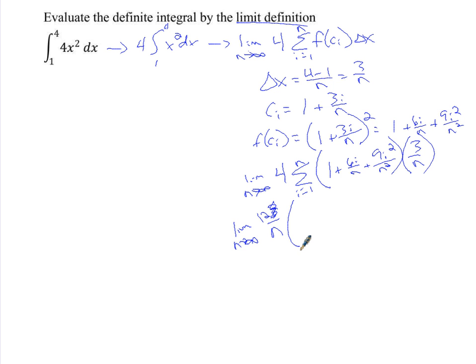We're going to split it: sum i equals 1 to n of 1, plus 6 over n sum i equals 1 to n of i, plus 9 over n squared sum of i squared.